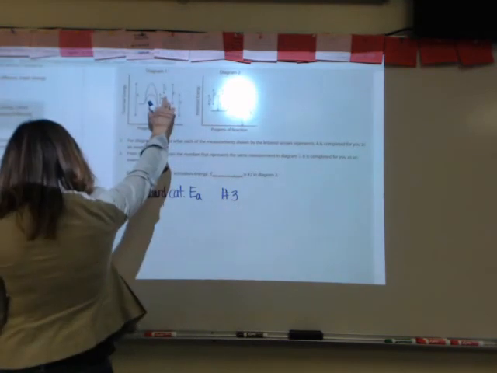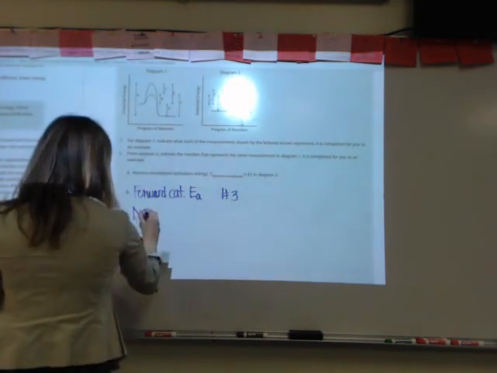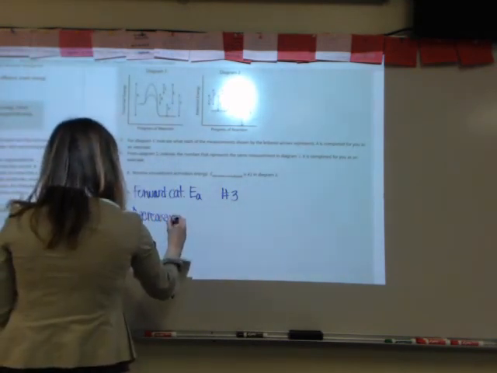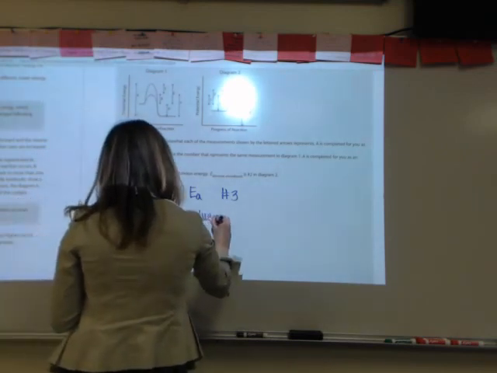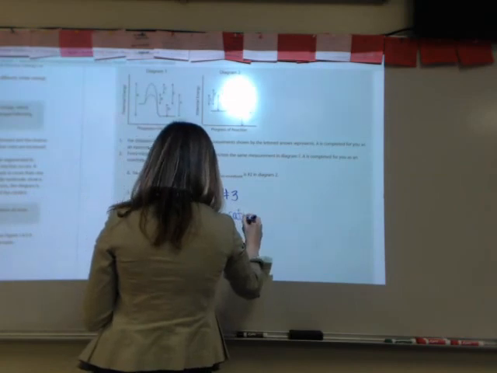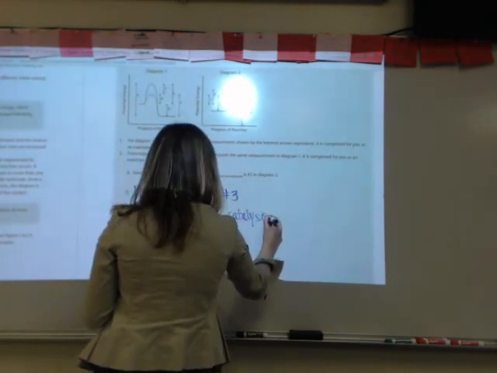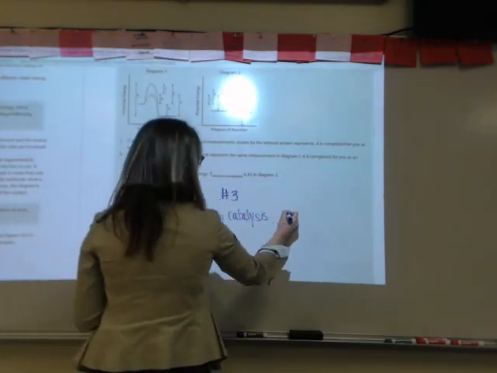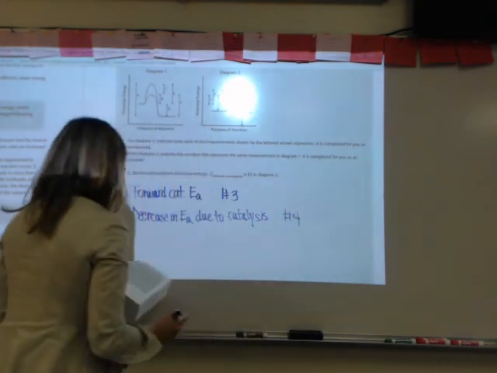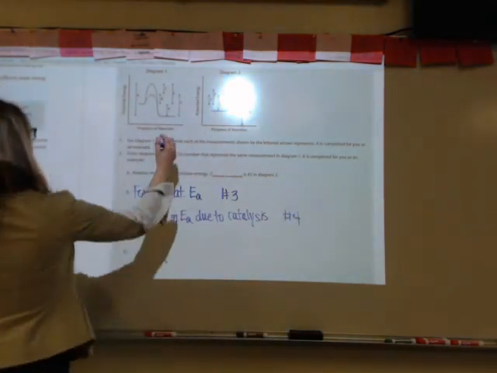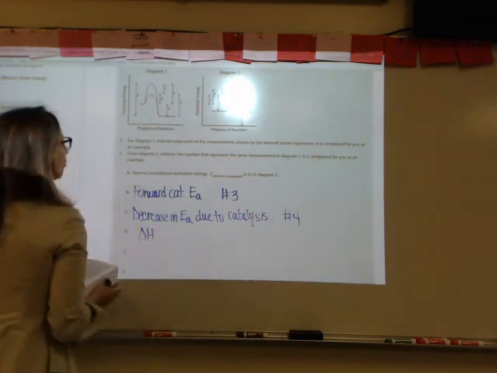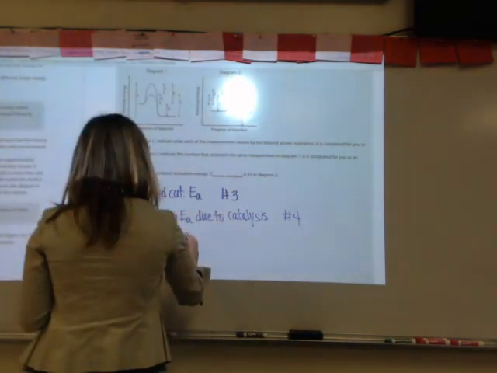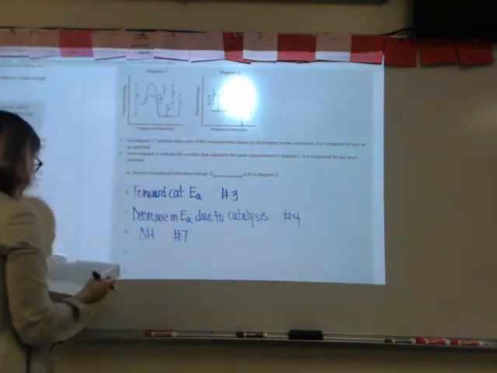For C here, this is the decrease in the activation energy due to catalysis, and that is the same as item number 4 in diagram number 2. D here is the delta H, which is the same as item number 7 in diagram 2.